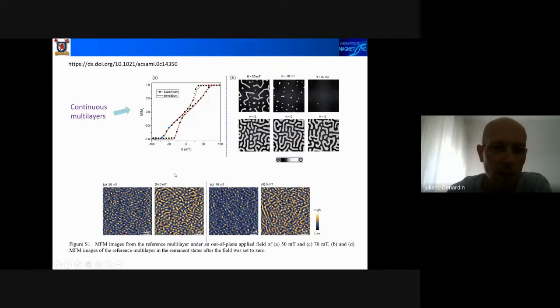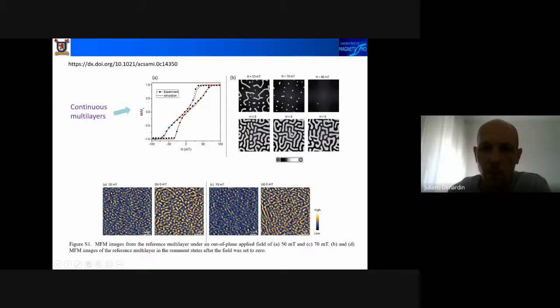We tested this on continuous samples to check the mechanism, and we see the same. In the continuous sample, we nucleate the skyrmions by field, we remove the field, and the skyrmions grow. This is the sample 1.3, not the 1.7, so it's the sample that doesn't stabilize the skyrmion very well.